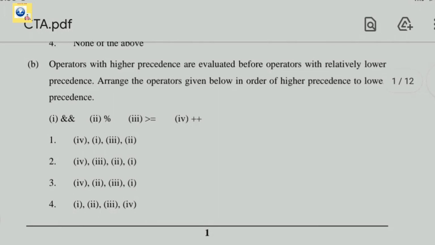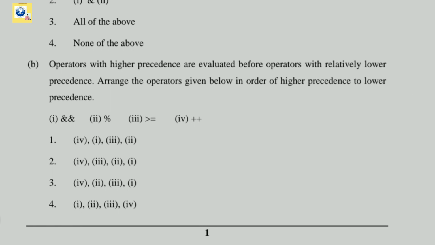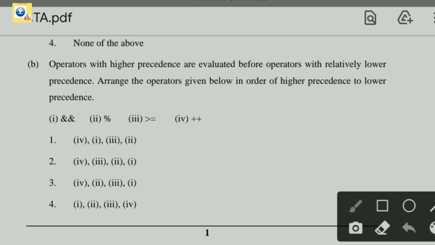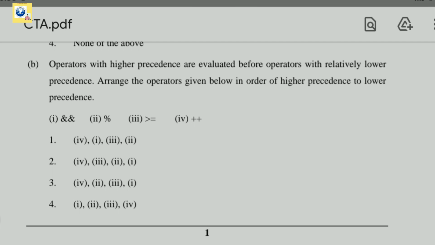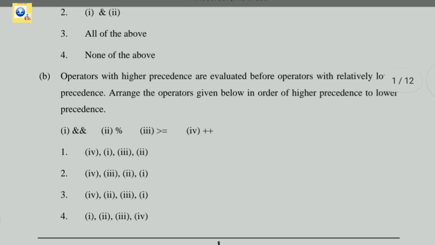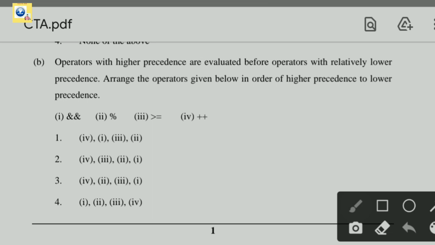So let us see the second question. It says operators with the higher precedence are evaluated before the operators with the relatively lower precedence. So let's arrange them from higher to lower precedence. Among these four, the increment operator has the highest precedence.